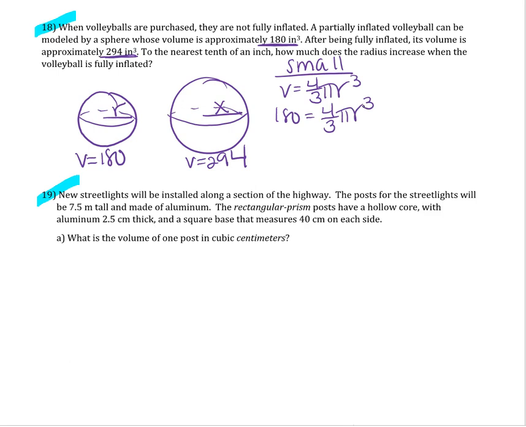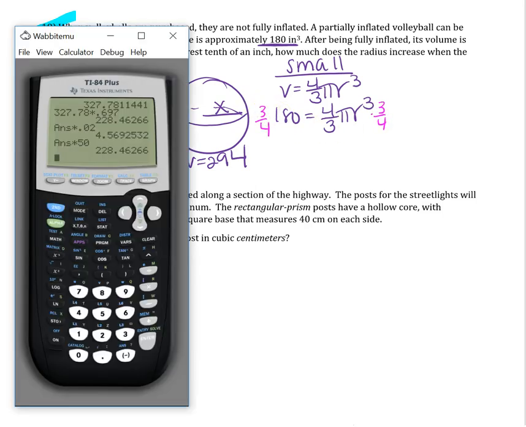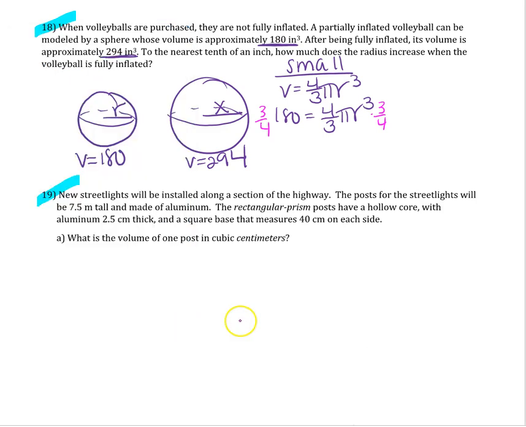Okay, so what I can do is multiply both sides by 3/4 to get rid of that fraction. So 135. I would have to then divide by pi, and then take the cube root.